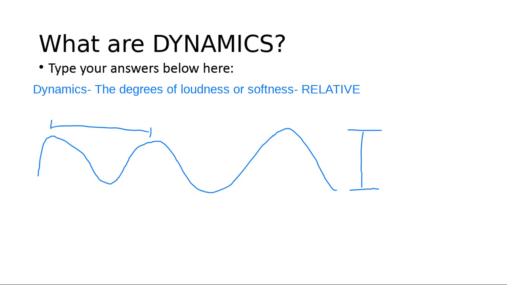So that is called the amplitude, which tells us how loud it is. And we measure amplitude in decibels, or dB. And it's lowercase d, capital B, by the way, when you see decibels. And it's because they're named after Alexander Graham Bell.